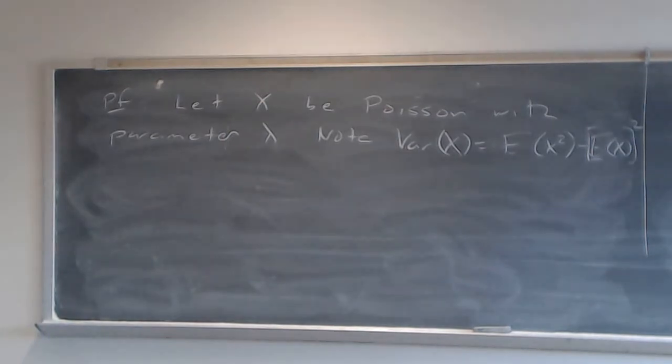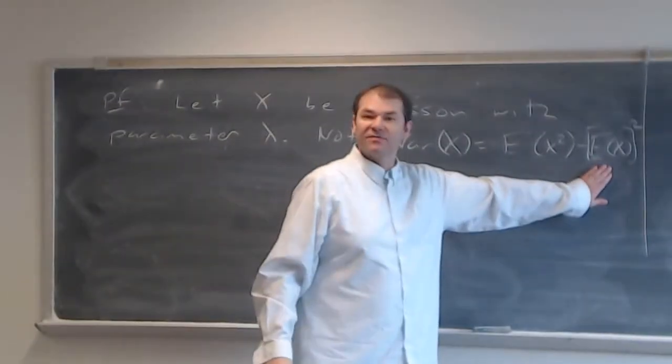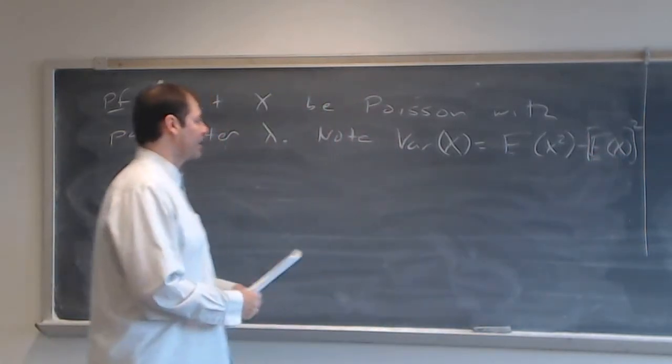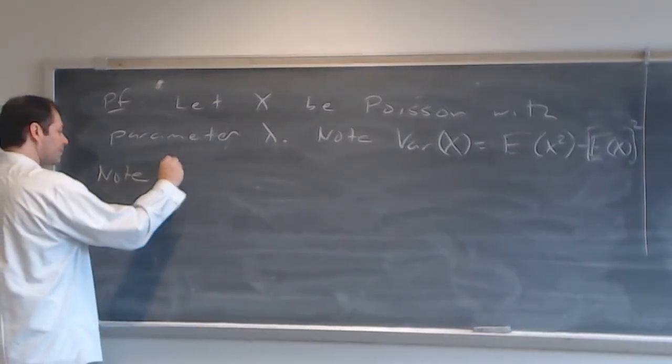Okay. So the expected value of x, we've just found that that was lambda, so this part's going to be lambda squared. What's the expected value of x squared?